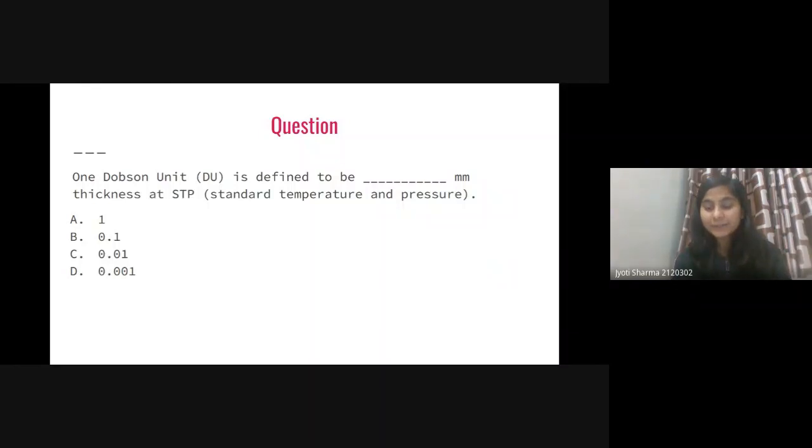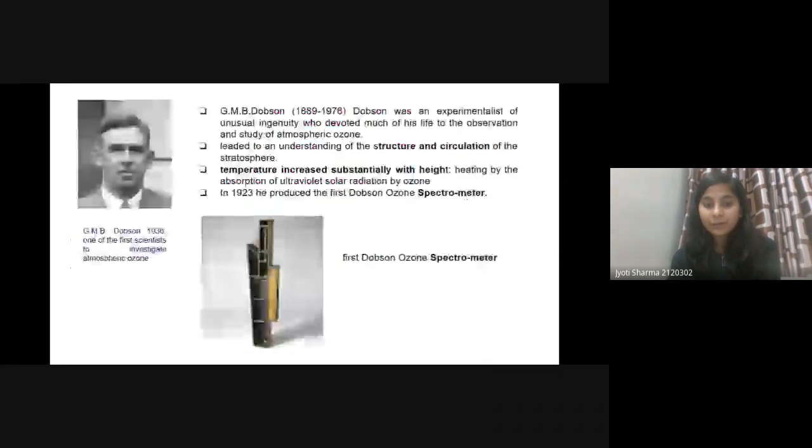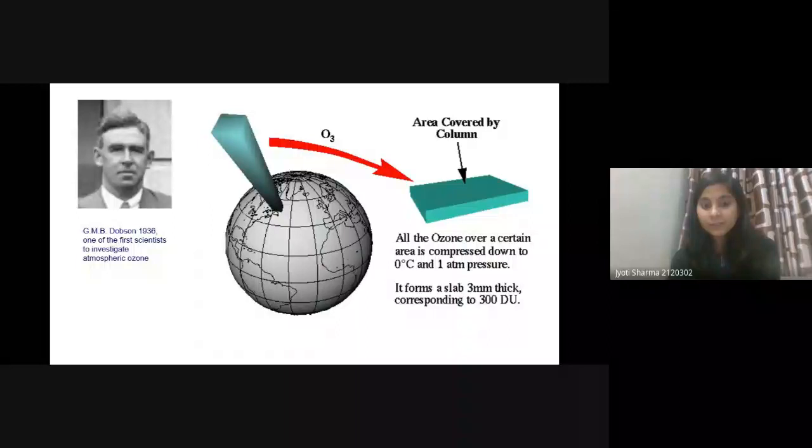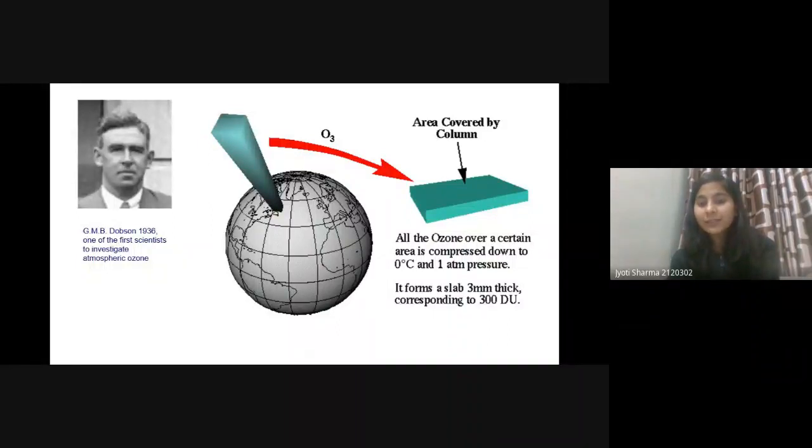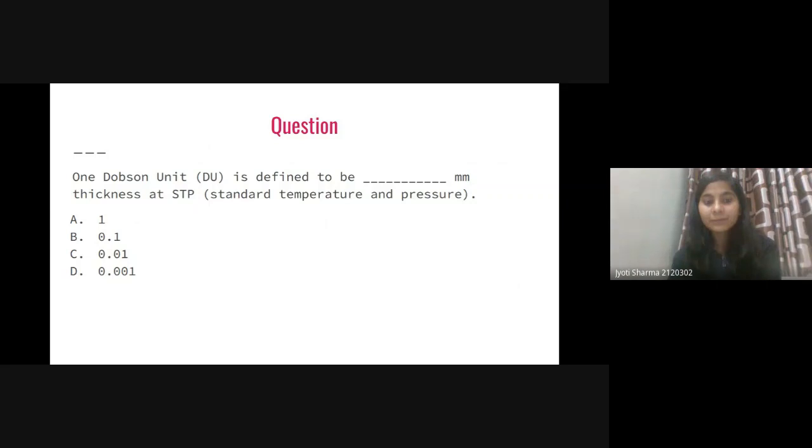What should be the answer? Can you get some idea from this? It forms a slab of thickness corresponding to 300 DU, Dobson units. Can you guess something from that? And can you give me the answer for this?